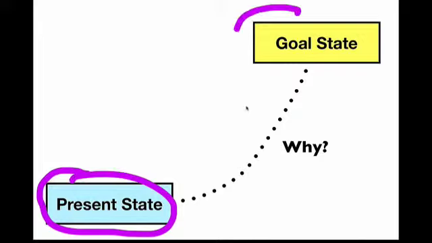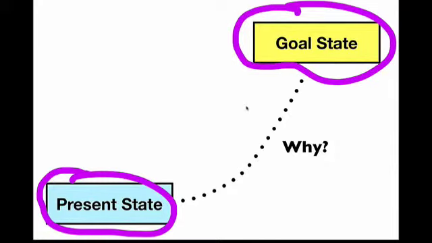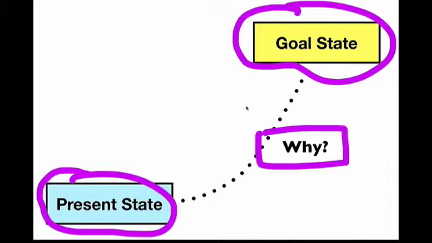They define a goal state, a future state that is measurable, and that's where they're going to head. But the most important thing they do is they figure out, why would I want to reach the goal state? And this process of defining the present state, defining the goal state, and answering the why question is called problem definition. And this applies to any kind of problem that professionals do.